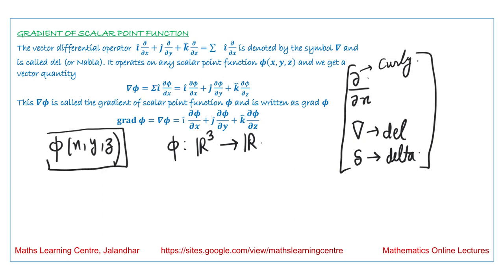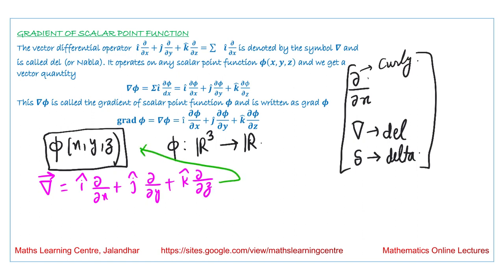We are going to talk about the differentiation of this function, basically the space derivatives. So we are going to define an operator that is called the del operator, and it is defined as i cap curly by curly x plus j cap curly by curly y plus k cap curly by curly z. Now how does this operator act on this function phi? Del vector phi is called the gradient of phi.